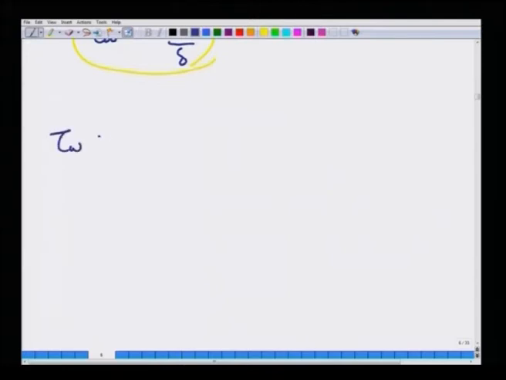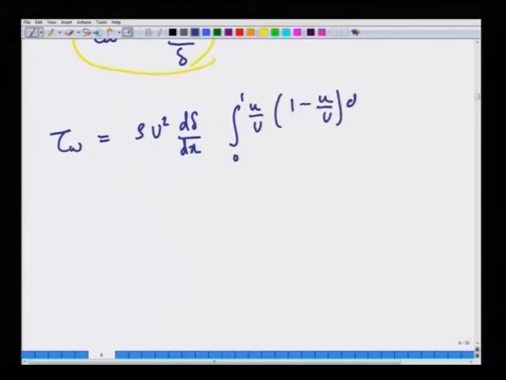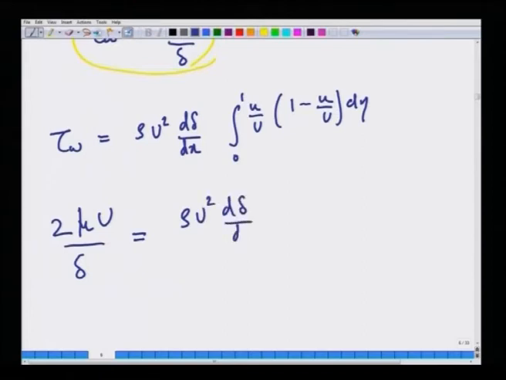We already had tau w is rho U squared d delta dx times integral 0 to 1 of u by U times 1 minus u by U d eta. So, 2 mu U by delta is nothing but rho U squared d delta dx times integral 0 to 1 of 2 eta minus eta squared times 1 minus 2 eta plus eta squared d eta.